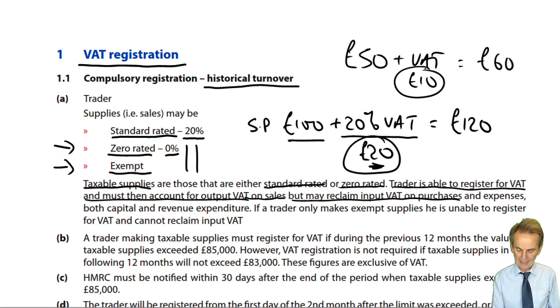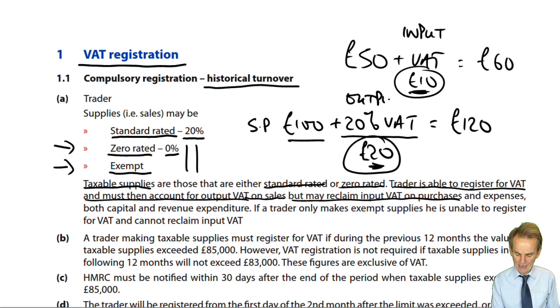So we suffered input VAT, again I repeat that expression, on our purchase or expense, and we charge output VAT on the sale. Now, if these were the only transactions in a relevant VAT return period, we would have suffered input VAT of £10.